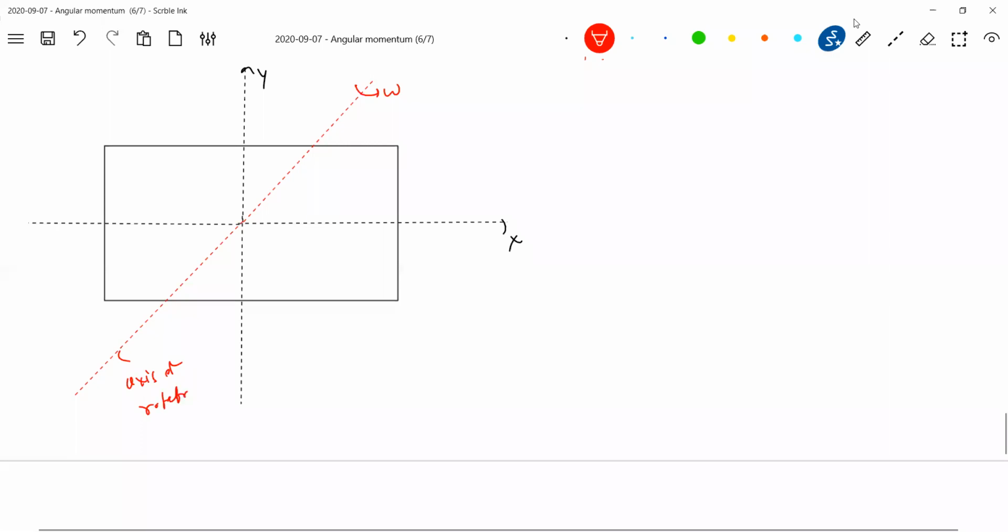So we know a rectangular plate of side length L, this is L by 2, L by 2, this is B by 2, B by 2. Mass M, and this is the origin.